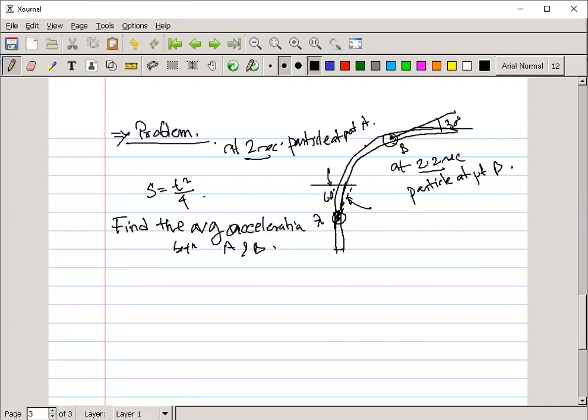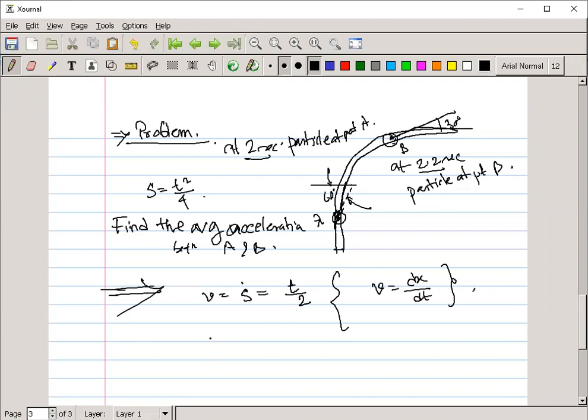So to solve this type of problem, what do we have to do? Simple. The velocity is equal to s dot, so the derivative of t squared by 4 is t by 2, as v = ds/dt.